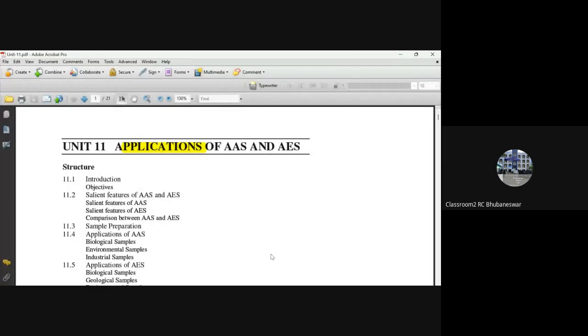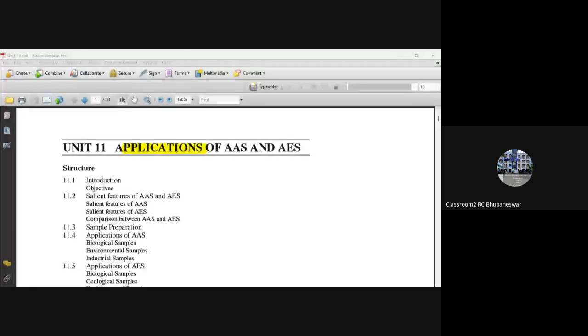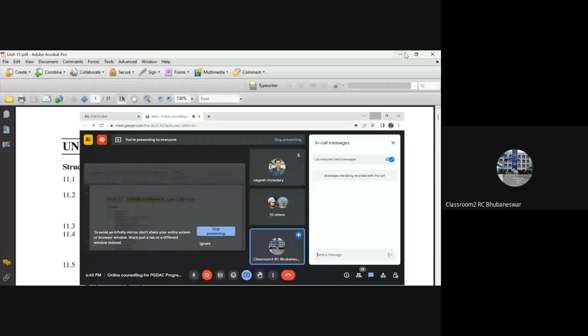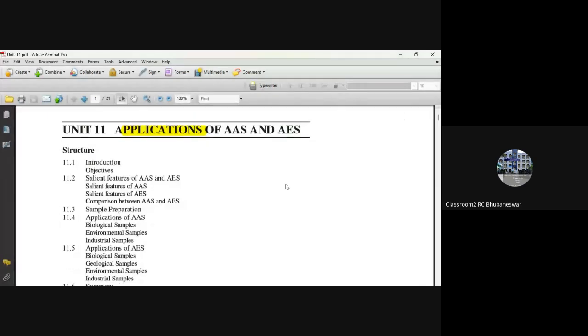Sorry, this is NMR. This one, application of AAS and AES. Okay, this application itself is 1 unit. Very surprising, but it's good that AAS and AES is having a lot of applications, we must know.